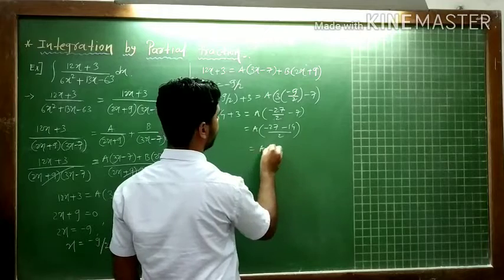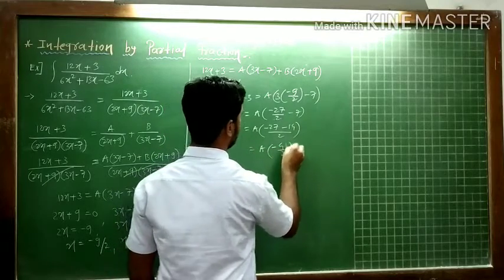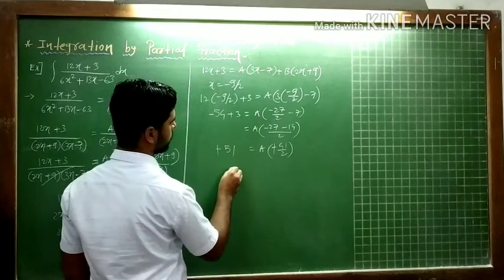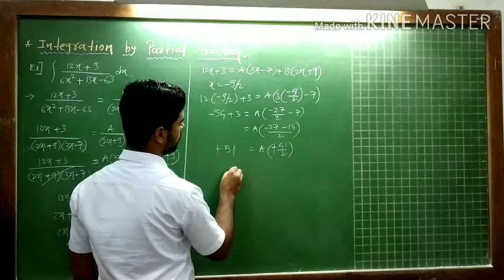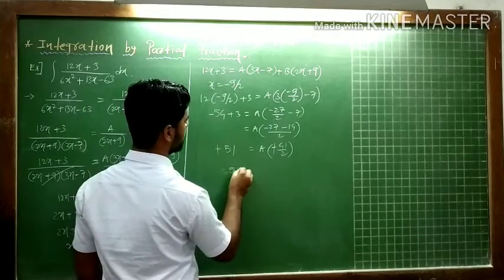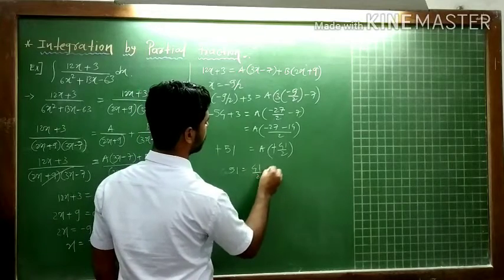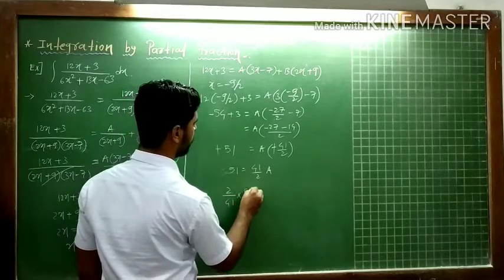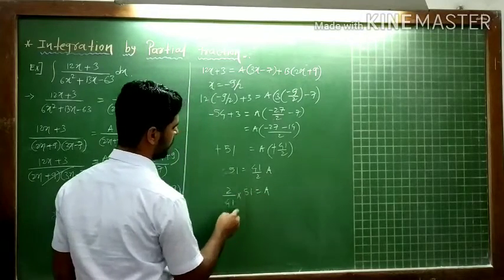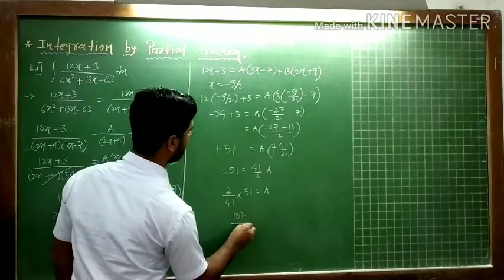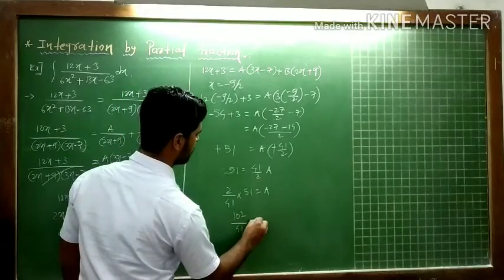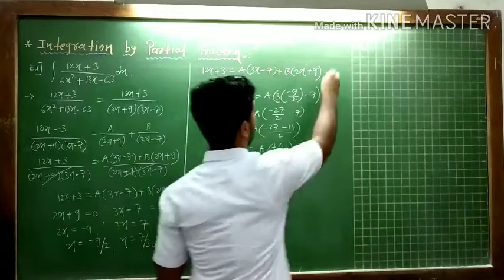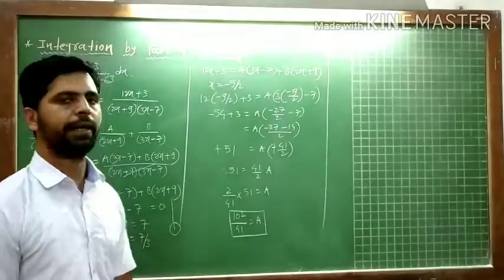So the answer is A times (−41 by 2), and here it is −51. The minus signs cancel, so 51 is equal to 41 by 2 times A. Shifting 41 by 2 to the left side, it becomes 2 by 41. So 51 into 2 is 102, divided by 41. This is the value of A: 102 by 41.